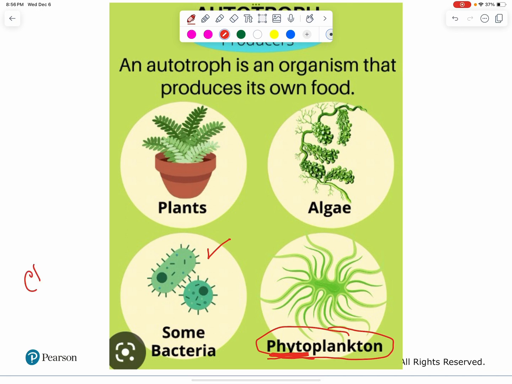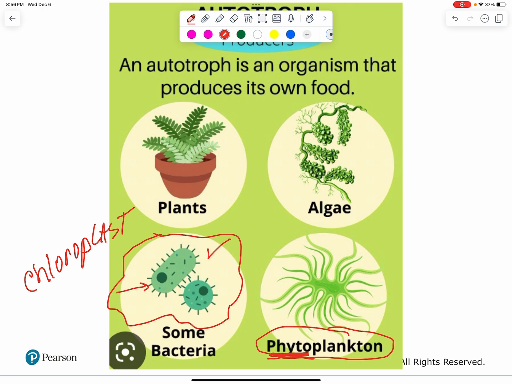Well, the chloroplast is theorized to have come from a photosynthetic bacteria that got engulfed by a big eukaryotic cell, and they got inside of a cell. If that's the case, the chloroplast now would have a double membrane, which is what it does.